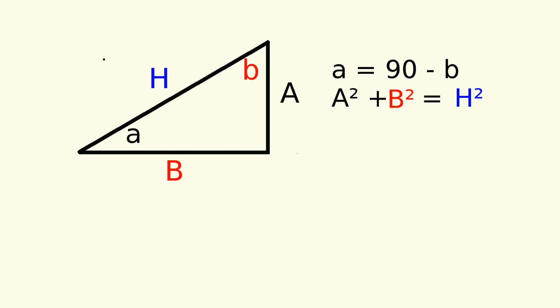And the sine of angle A is A divided by H. Given one angle and one side in a right triangle, the sine function can give all the sides. So now the sine function has tamed the right triangle.